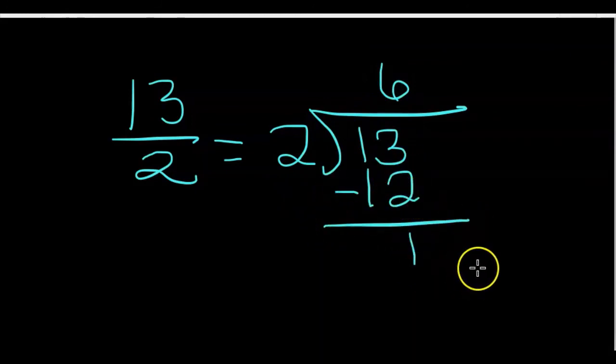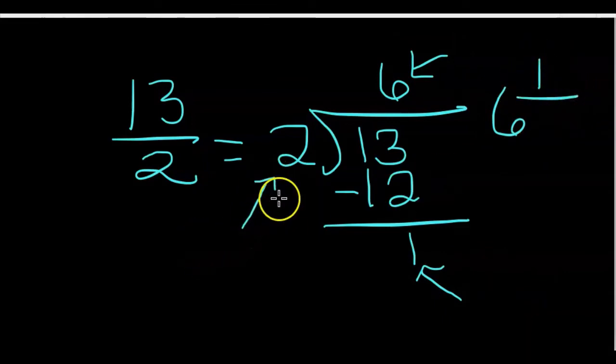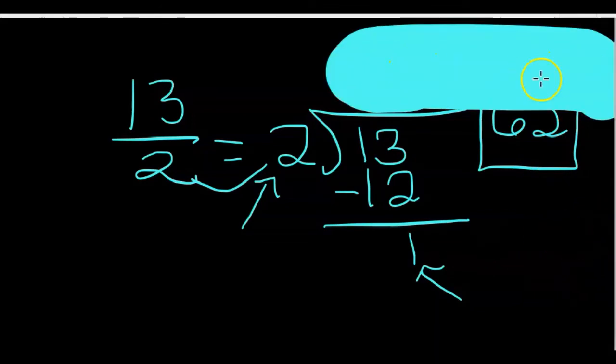I subtract, I get 1 as my remainder. Okay, 6 is the whole number. 1 is the numerator. 2, it's not changing, it's the denominator. Okay, 6 and 1/2. Okay, that would be my answer for D. All right, great job on that.